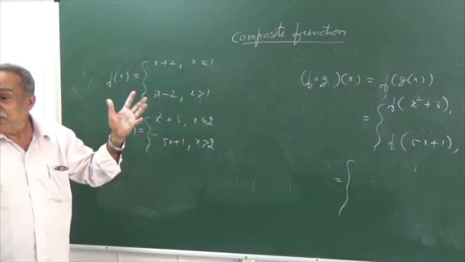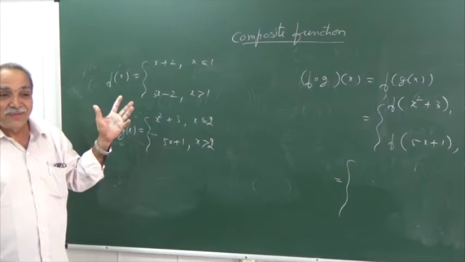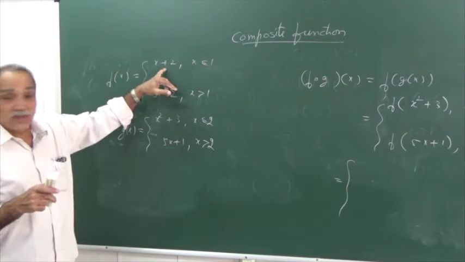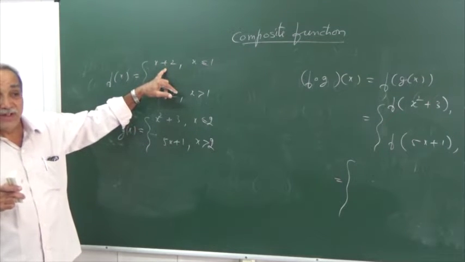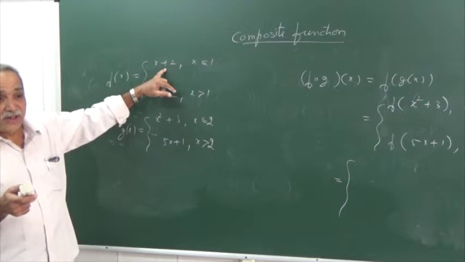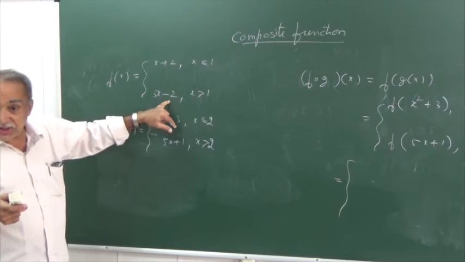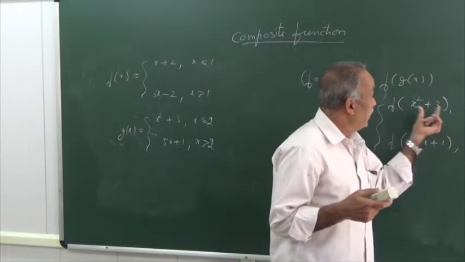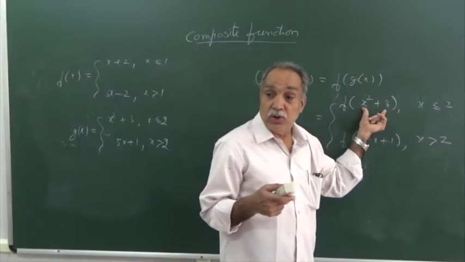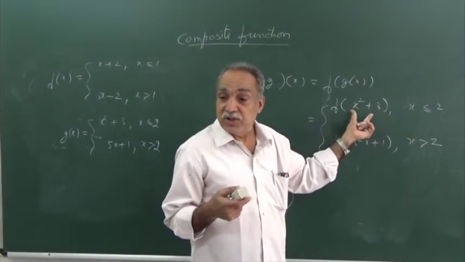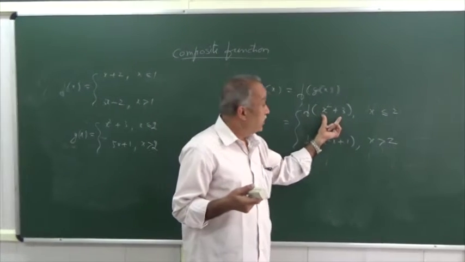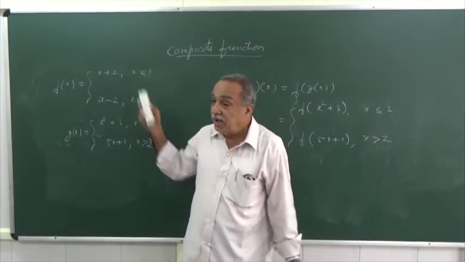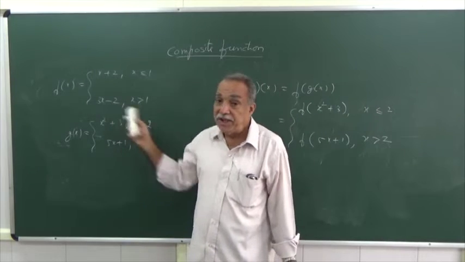What formula will be applied in obtaining f for values less than or equal to 7? Both. How can you apply both simultaneously? You have to break the interval. For values less than or equal to 1, one formula applies, for greater than 1, a different one. So let us determine beforehand when this expression is less than or equal to 1 and when it is greater than 1. If it is less than or equal to 1, we will apply this, and in the other case this will be applied.